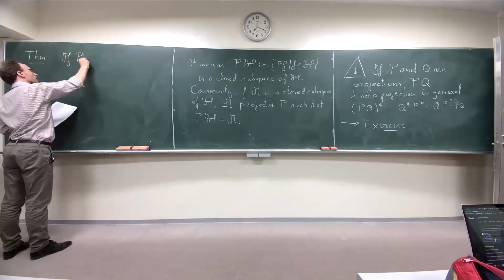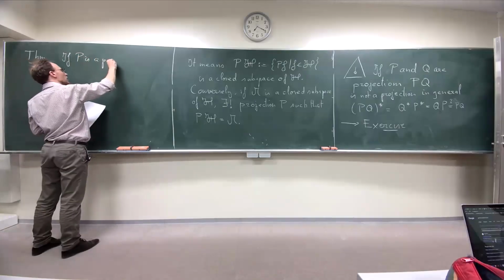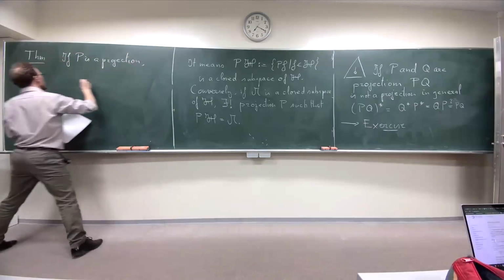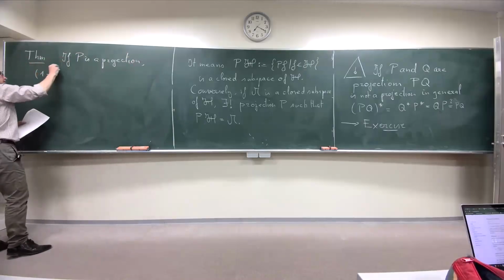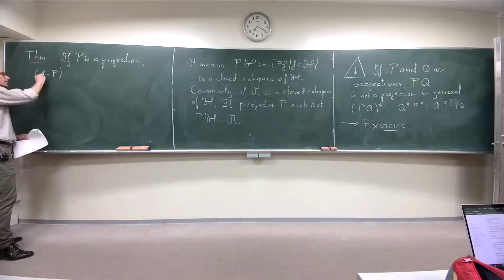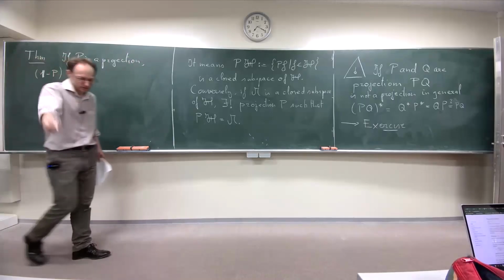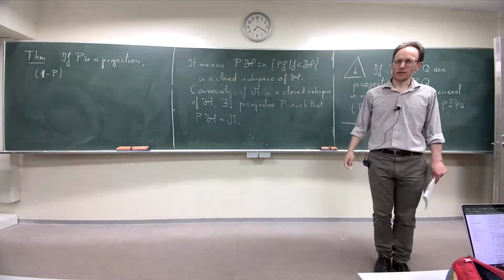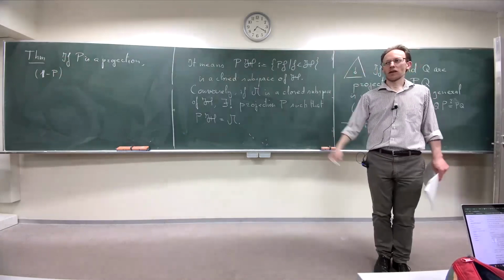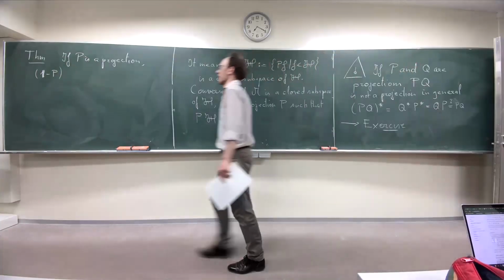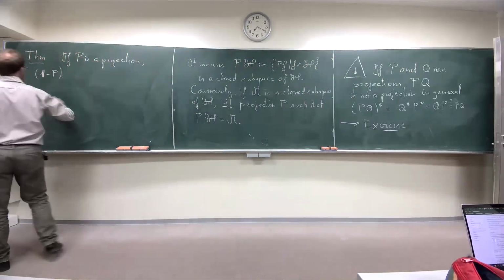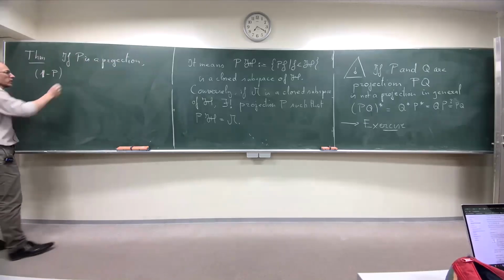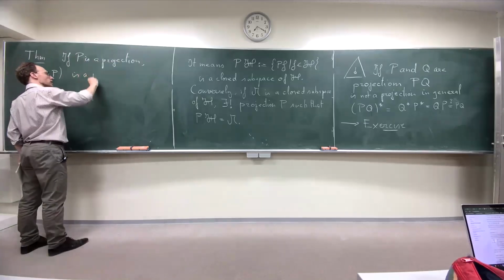If P is a projection, what about 1 minus P? 1, we have seen it before, doing nothing, or just identity. Is this a projection? Check. It is a projection. If you take the adjoint, it gives you the same. If you take it twice, it gives you the same. It is a projection.